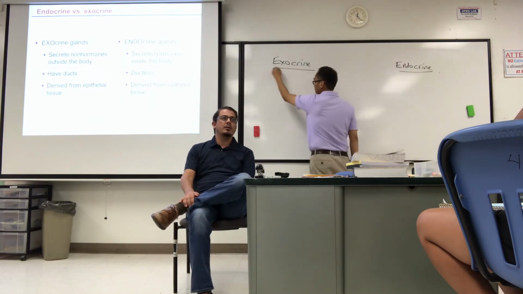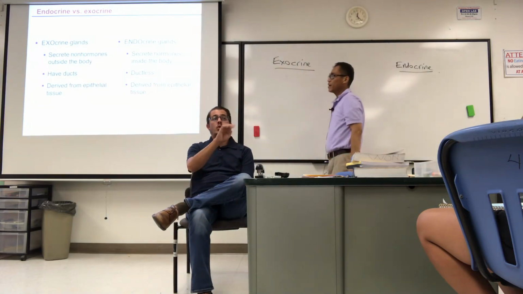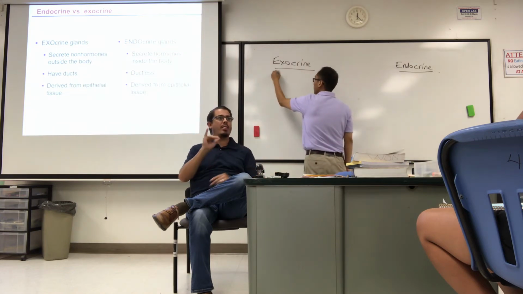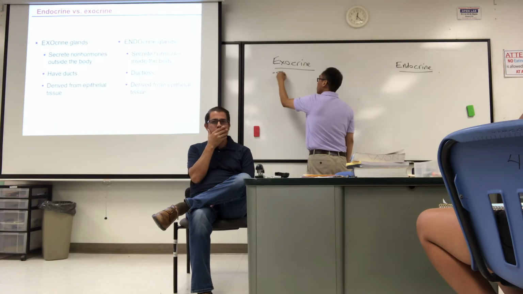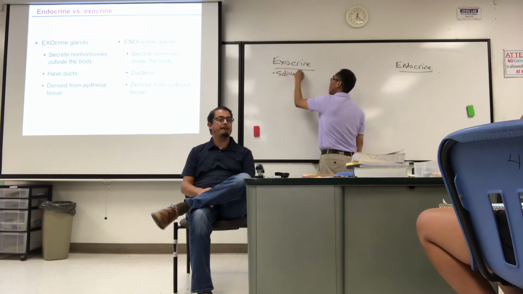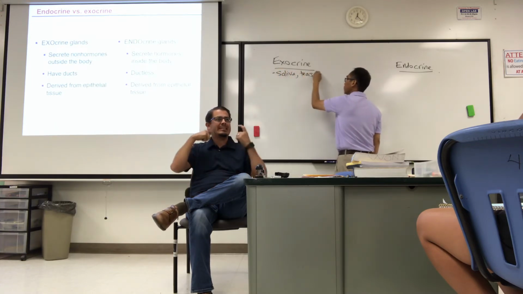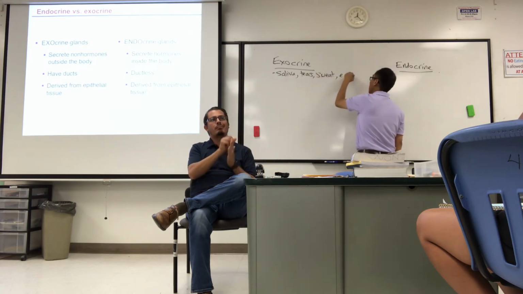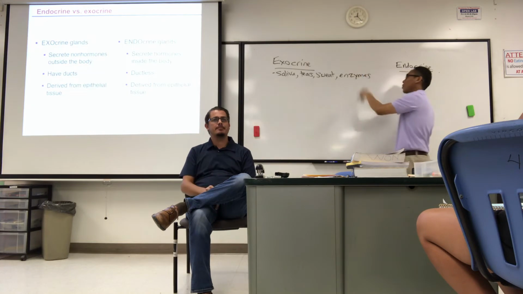An exocrine gland is a gland that will secrete pretty much everything that's not a hormone. That would include things like saliva, tears, sweat, enzymes, non-hormones.